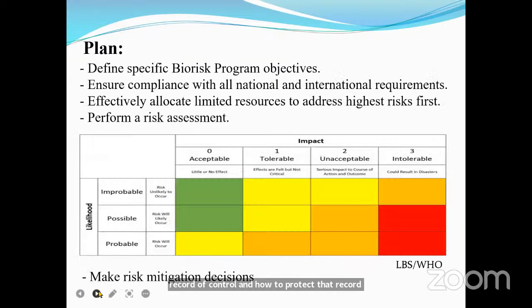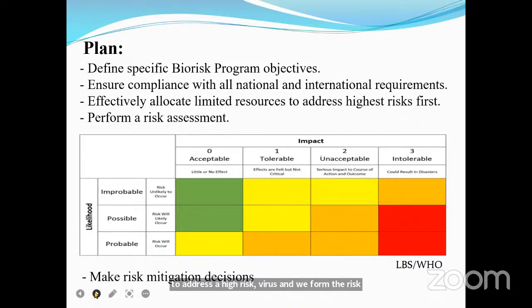How do we implement the Deming cycle for a biorisk management system? Start with planning: define the specific biorisk program objectives, ensure the program complies with all national and international requirements, effectively allocate limited resources to address high risks first, and perform the risk assessment.